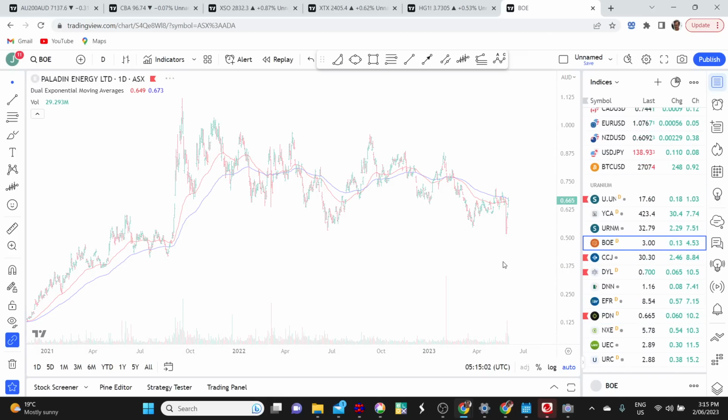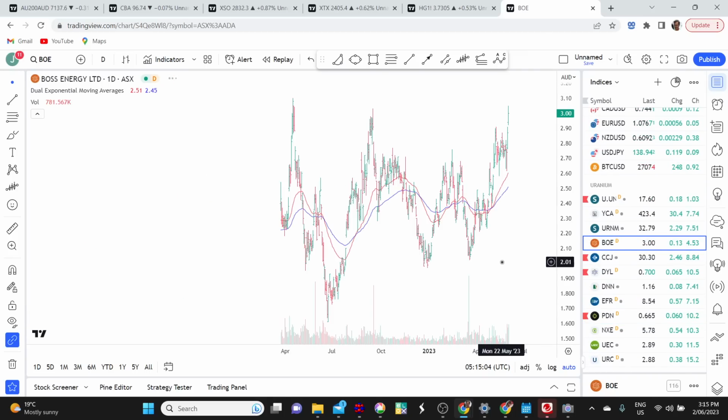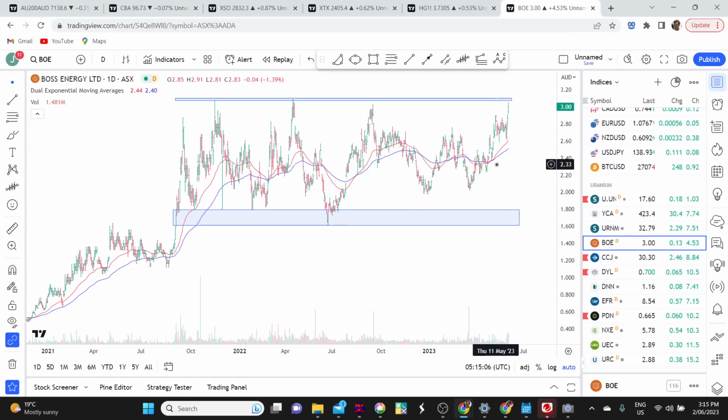Locally, we've got Boss Energy, which is largely based in South Australia. It's a lot stronger than something like Paladin or Deep Yellow. Risk-reward asymmetry: we're pressing on resistance, so it may not be the buying point, but really interesting stock to watch with this activity in uranium.